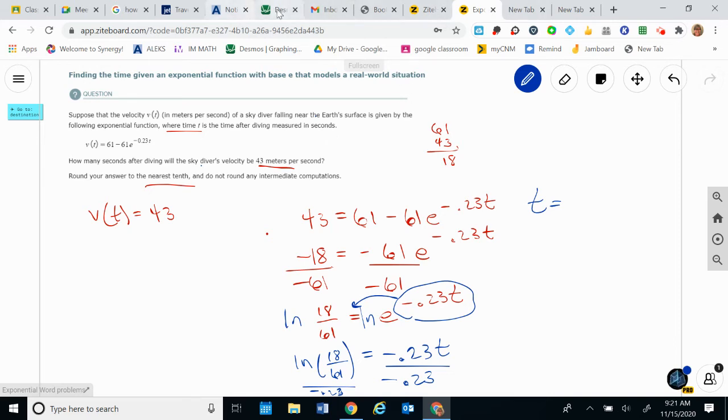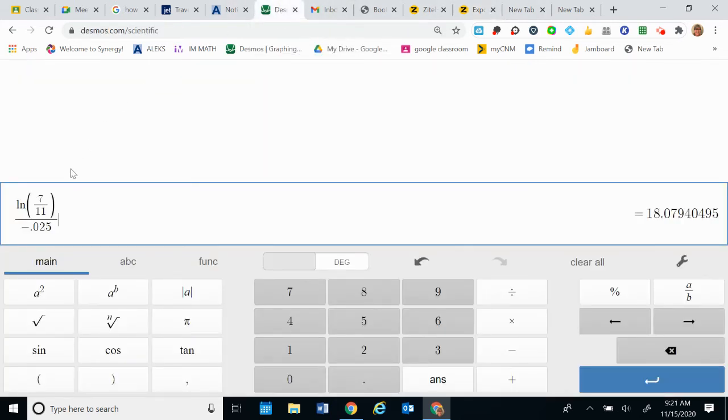Let's try this. Okay, negative 0.23. Okay, we're good.